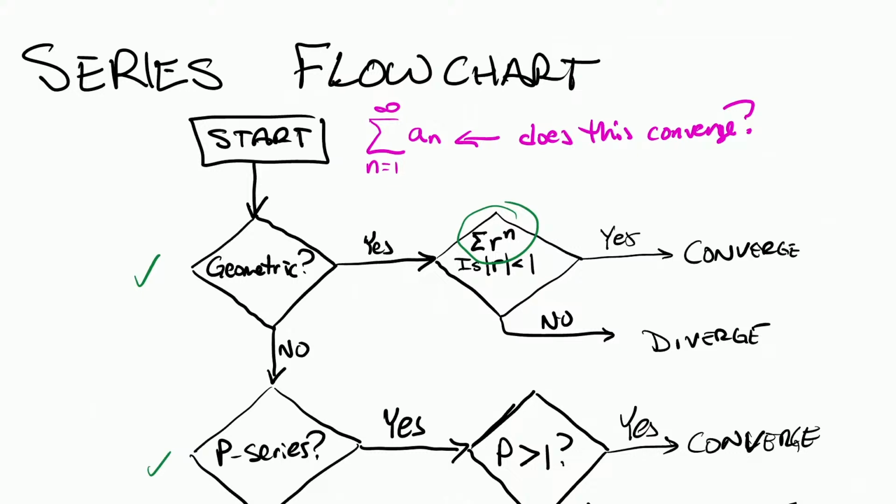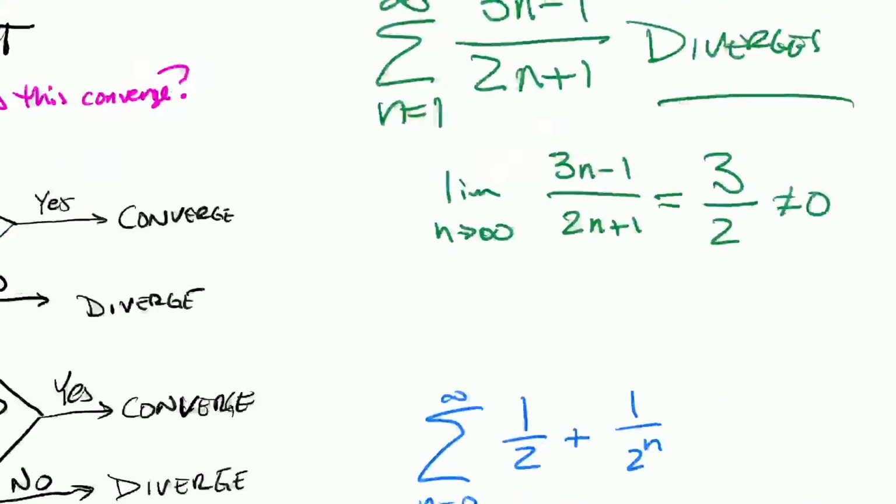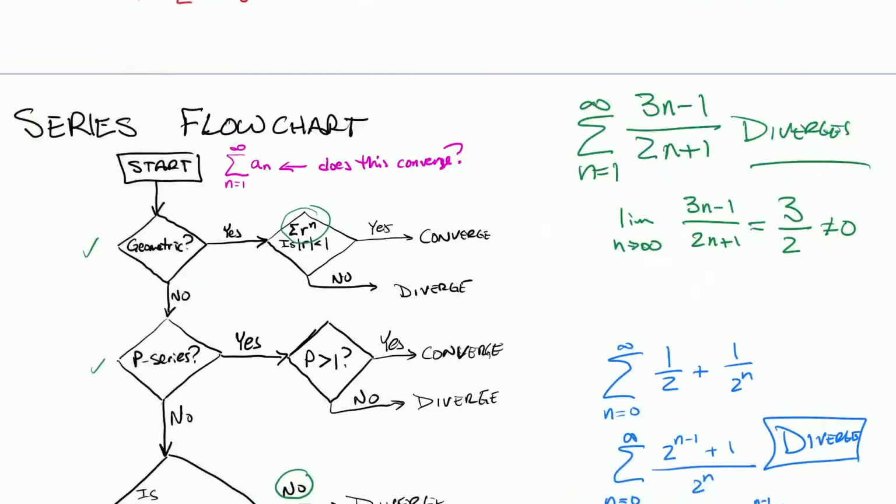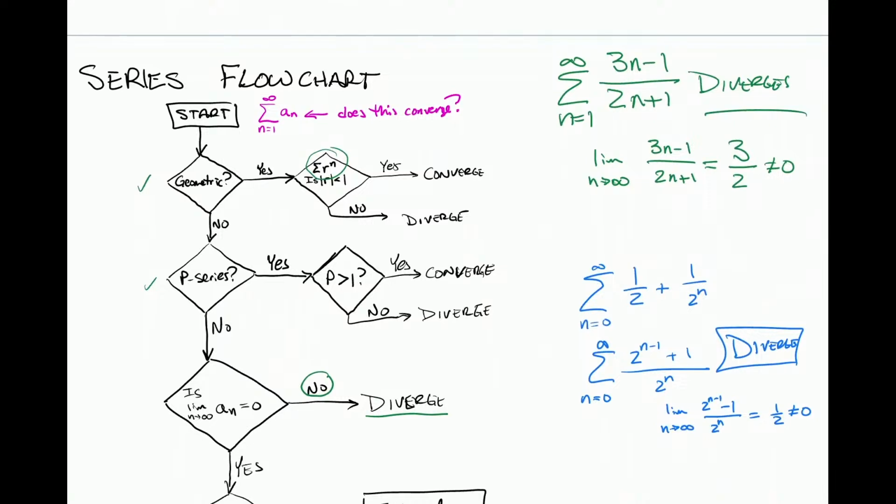Of course, the first tests, just to remind you, are the geometric and P series. These are so important that we're going to just review them really quick. Let me get rid of all of my notes over on the right. We're going to make new notes. Delete, delete, gone.